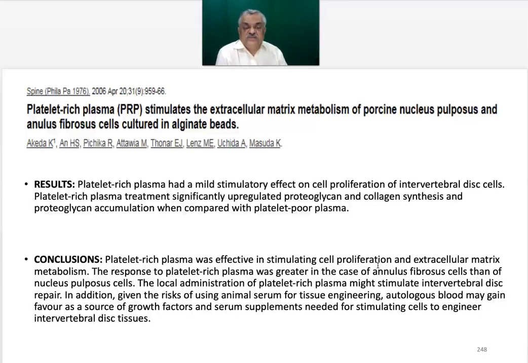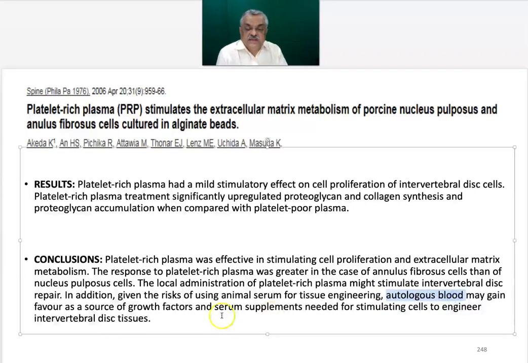The local administration of PRP stimulates intervertebral disc repair. In addition, given the risk of using animal serum for tissue engineering, autologous blood may be safer and can be favored as a source of growth factors and serum supplements needed for stimulating cells.